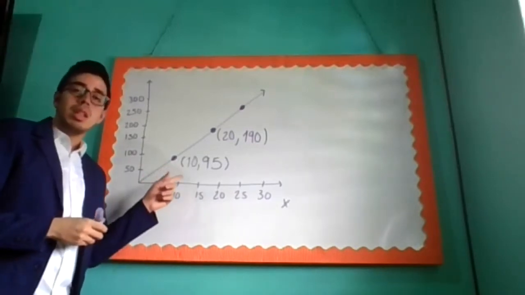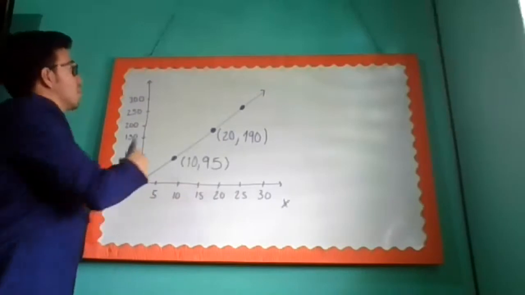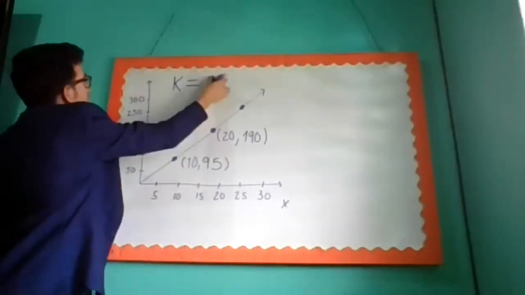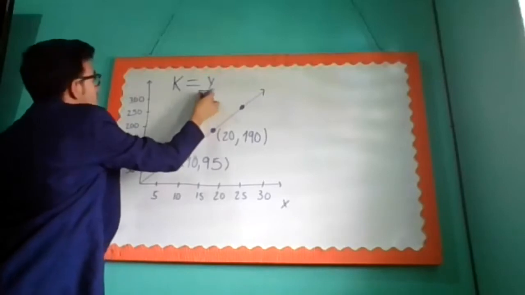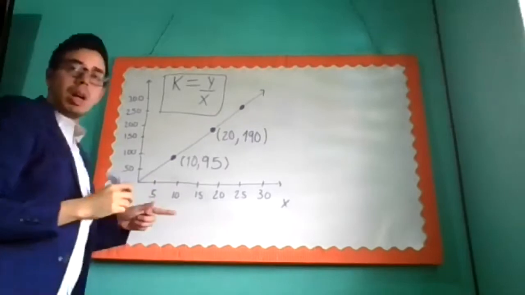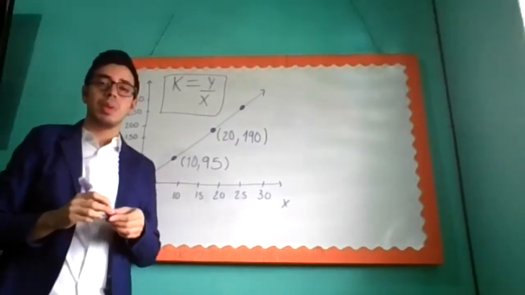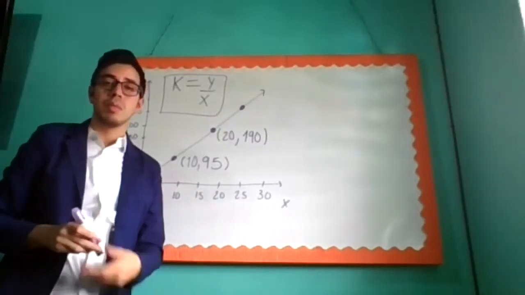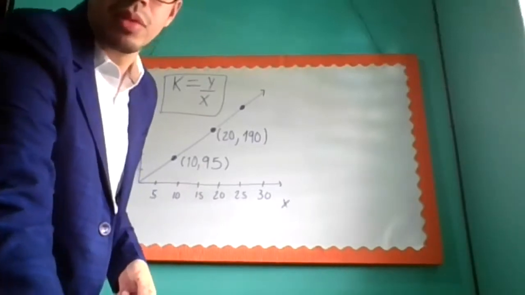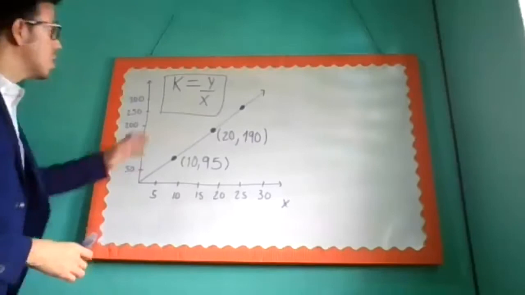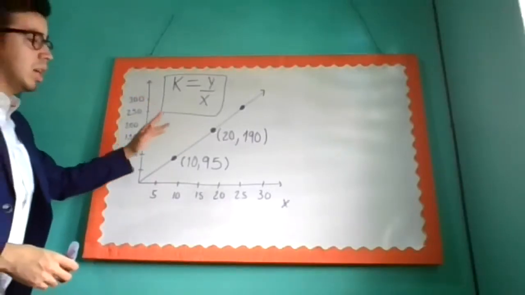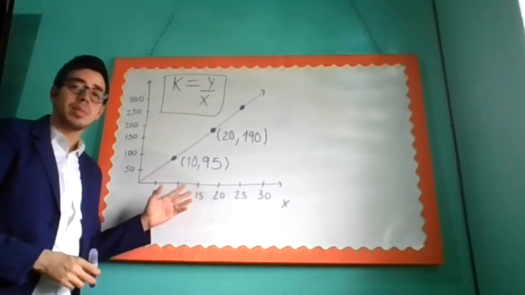Using these points, I need to find, you remember about this, k is equal to y over x. Do you remember about this equation? We are using this equation since the last topic, okay? So this is what I'm going to do. We are going to divide the points of the y by the points of the x.